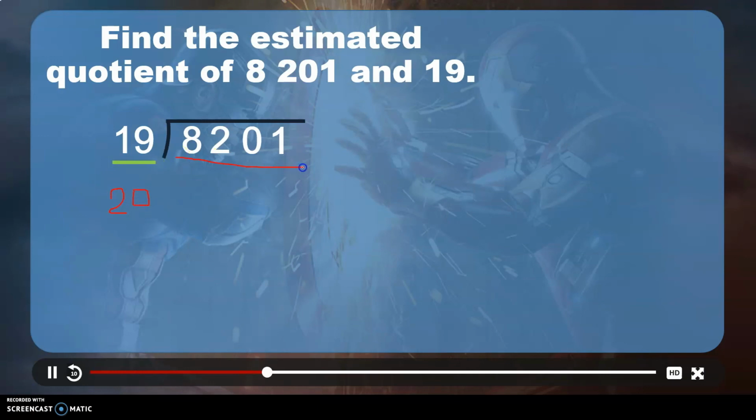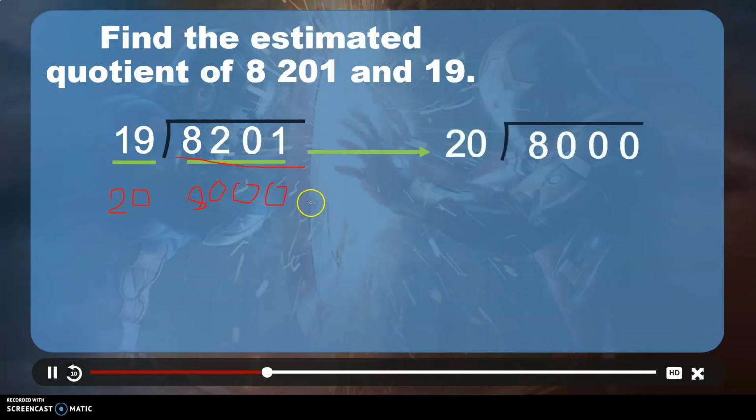And 8,201 rounded off to the highest place value will become 8,000. Now, can we divide 8 by 2? Yes. Okay, and again, the given numbers are still part of dividing numbers by multiples of 10, 100, and 1000.